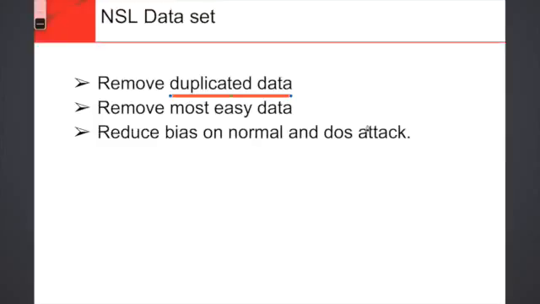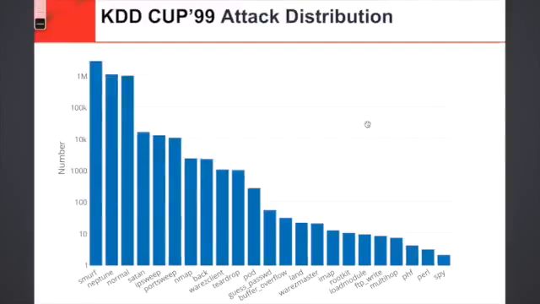And as we can see from the bar chart, you can notice that the y-axis is in log form. In fact, the top 3 kinds of labels are Smurf, Neptune, and Normal.